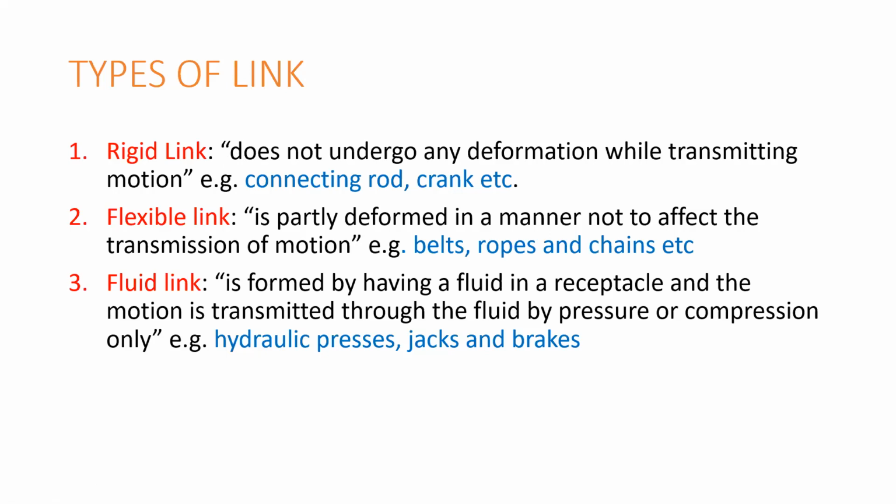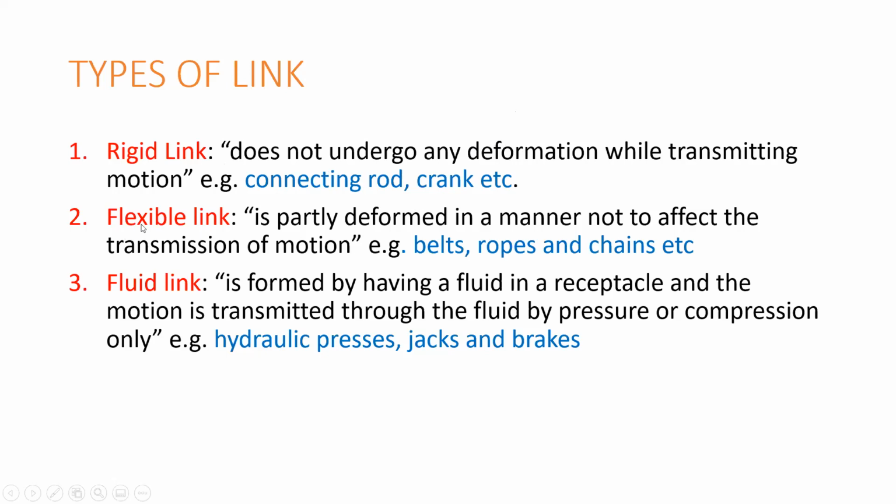As deformation in rigid links is very negligible, we consider that there is no deformation. Examples are the connecting rod, crank, etc. All these links are made of metals, and their deformation is very negligible, so they can be considered as rigid links.